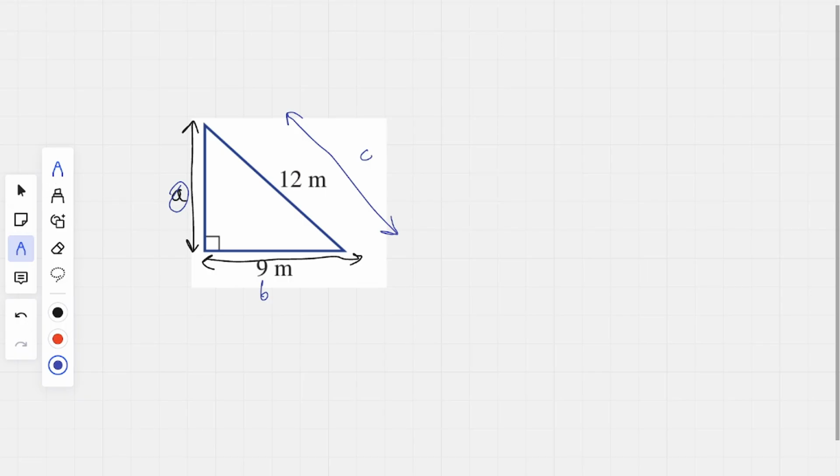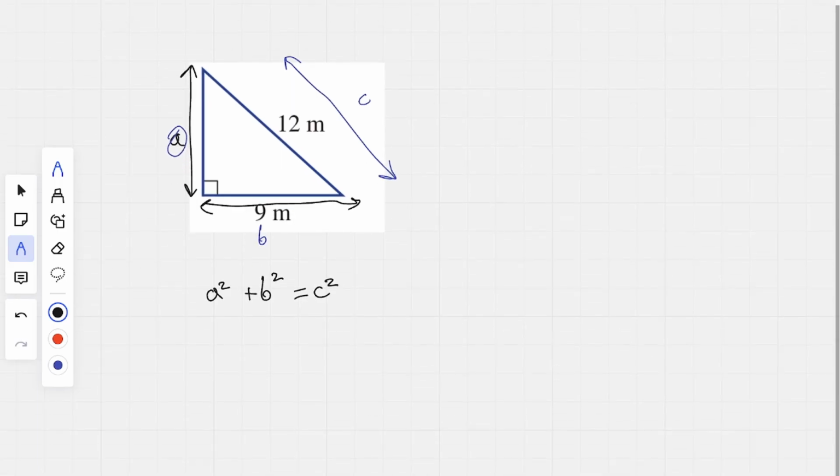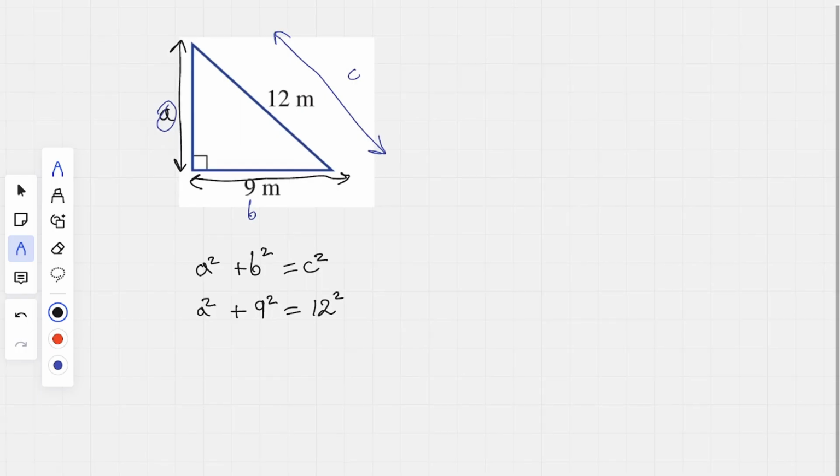So using the formula we wrote down before, A squared plus B squared is equal to C squared. Let's sub in the values. We get A squared plus 9 squared is equal to 12 squared. A squared plus 81 is equal to 144.